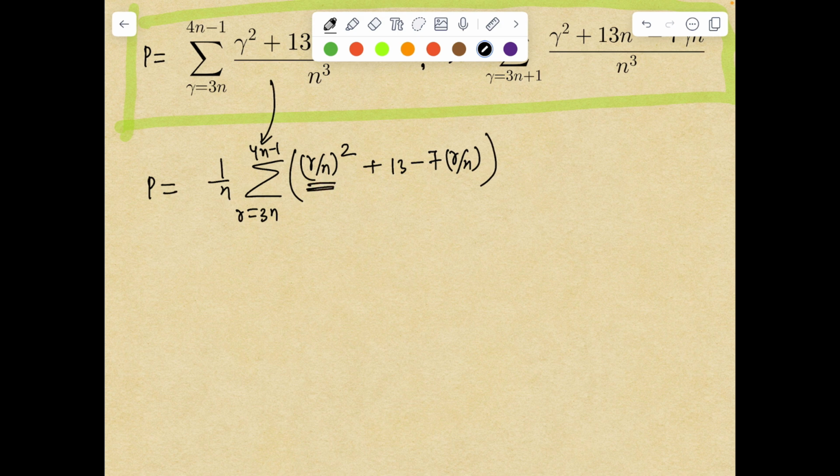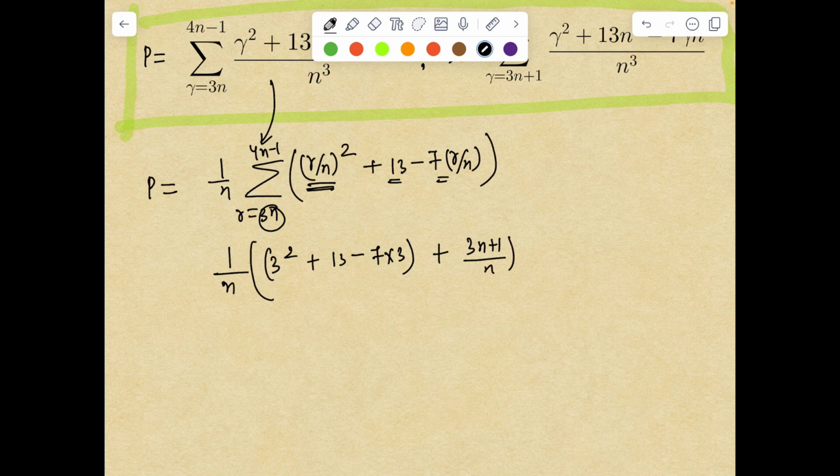So now, pictorially, what does it mean? If I take the value of r, let's say as 3n, I'm going to get 3 square plus 13 minus 7 into 3, times 1 by n, plus, again next term I'll put 3n plus 1, so that will be (3n plus 1 by n) whole square, plus 13 minus 7 times (3n plus 1) over n, second bracket, and so on and so forth.